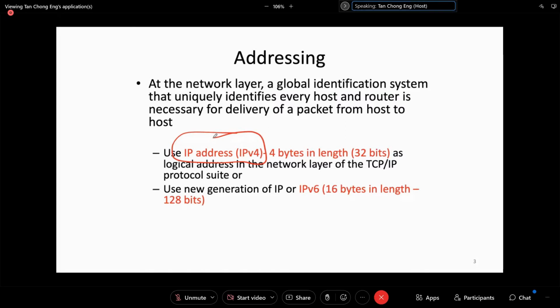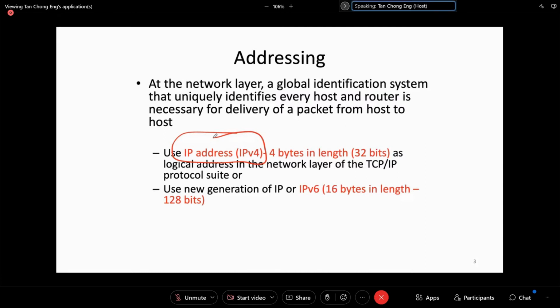So based on 128 bits, your IP address will supposedly never run out, because the number is so big that you are not supposed to run out. But the adoption of IP version 6 has been so slow, and most people on the internet are still using IP version 4 until today.